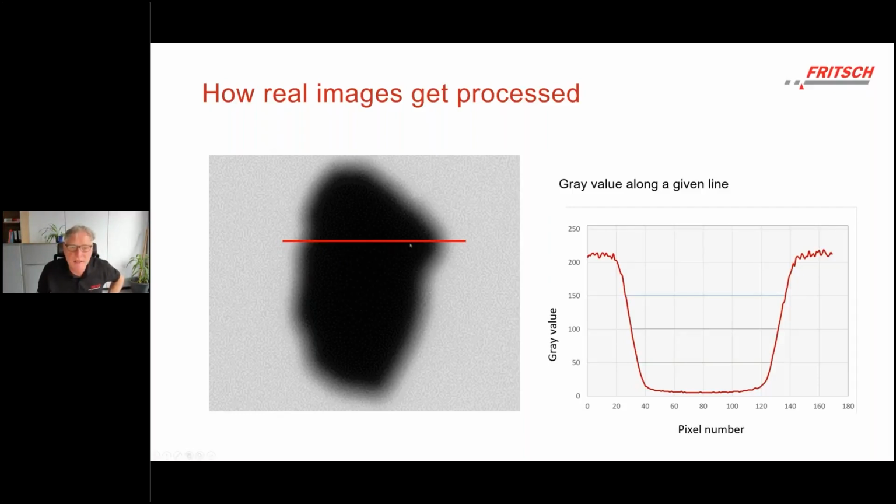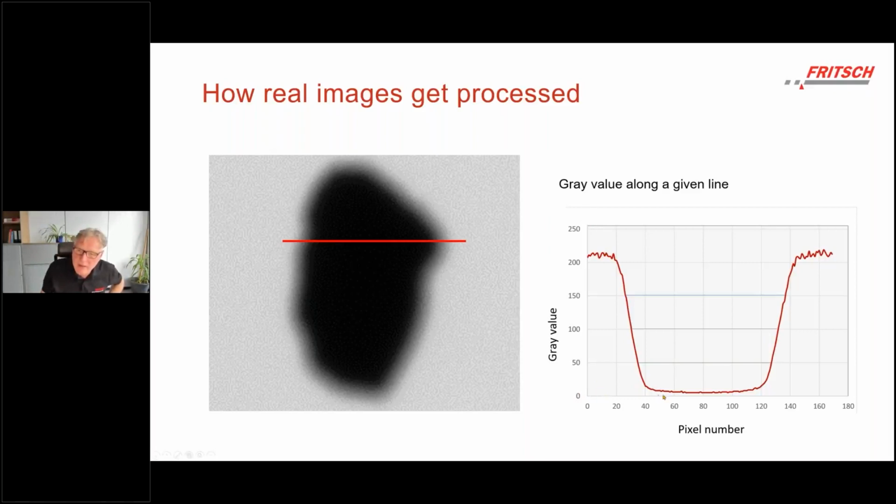So I make a cross section here, the red line across this particle. Outside, you see a rather white background, and inside, of course, it's black. White corresponds to a gray level of your camera of around 200, 210. Completely white would be 256, while completely black would be 0.